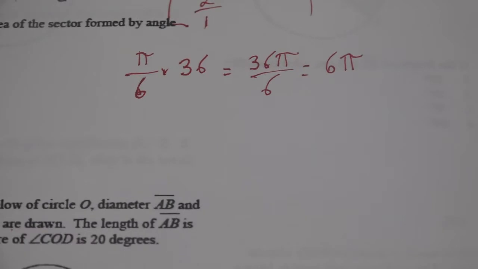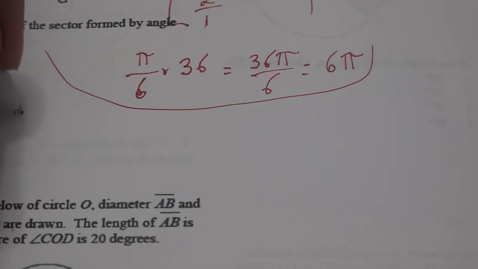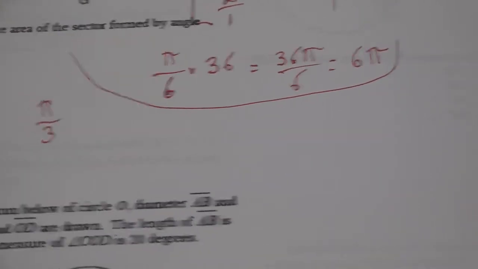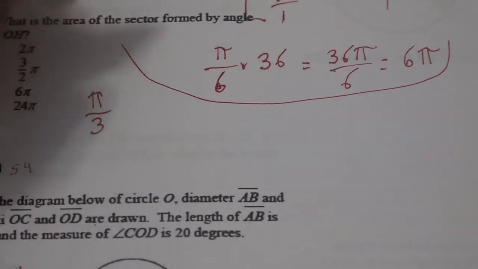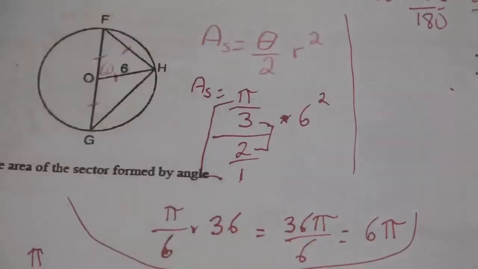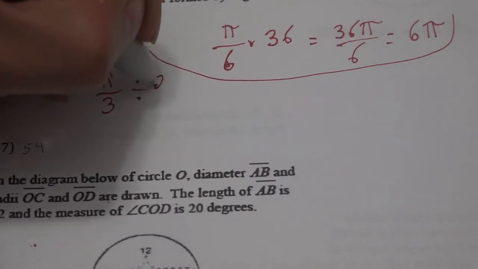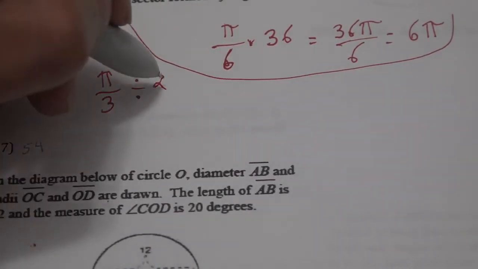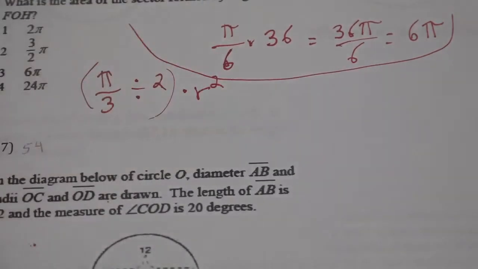Now, as I told you, I was going to show you something else. So I'm going to do it right here. We had pi over 3. That's what we had first. And the formula says that I have to divide by 2. So instead of going like this, I'm just going to say pi over 3 divided by 2, times the radius squared.